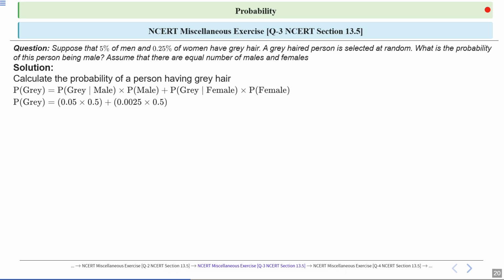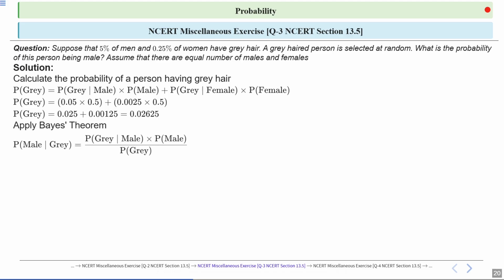The probability of grey is calculated by adding two products, that is 0.05 times 0.5 plus 0.0025 times 0.5. This is adding 0.025 and 0.00125, which gives us 0.02625.